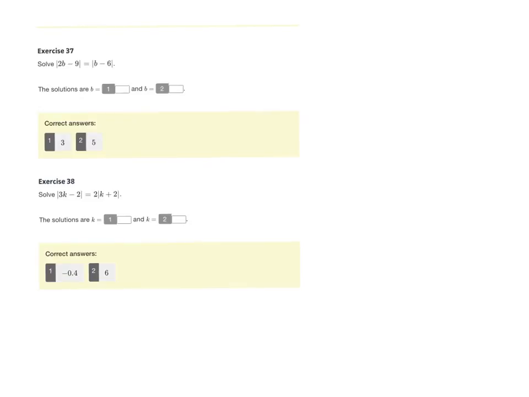On 38, I've got the absolute value of 3k minus 2 is equal to 2 times the absolute value of k plus 2.